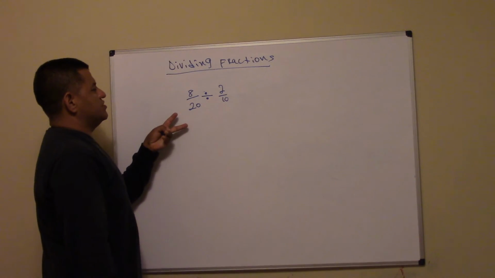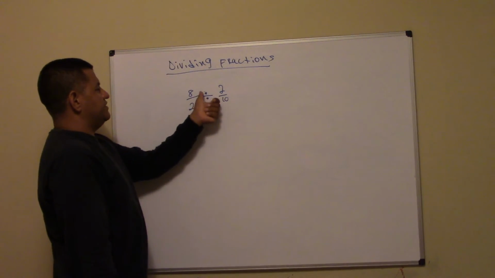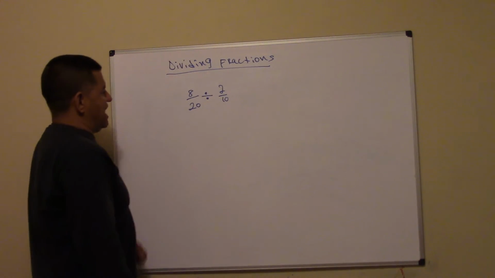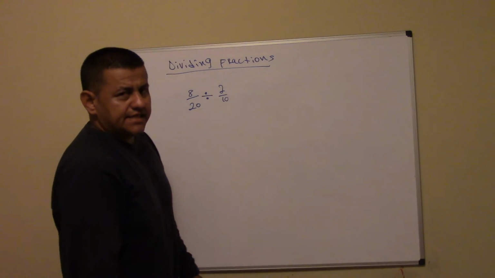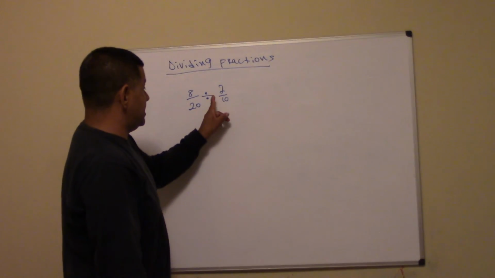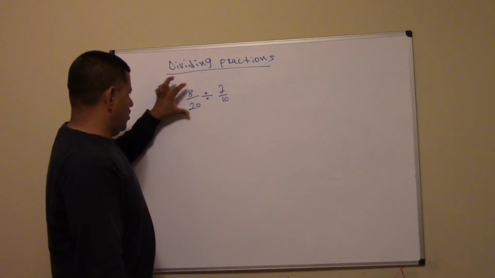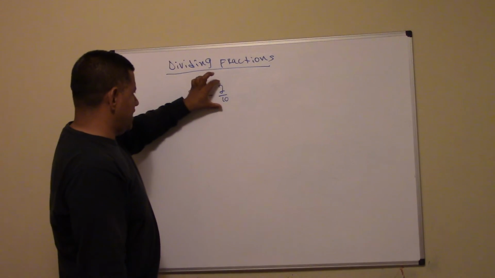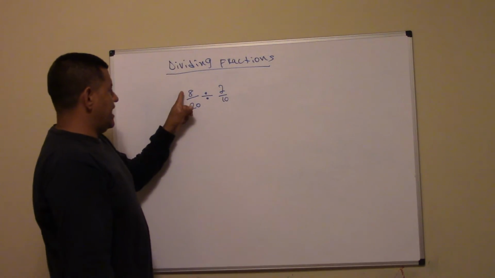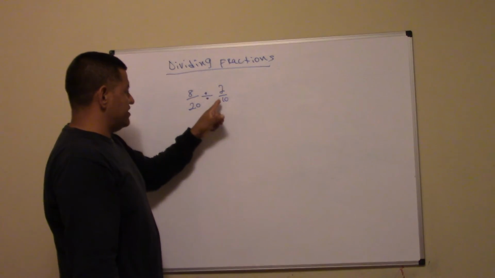Again, I have two fractions, and in order for me to divide these fractions, I don't have to do any cancellations yet. All I have to do is flip this number on the right side, because 8 over 20 is being divided by 2 over 10.